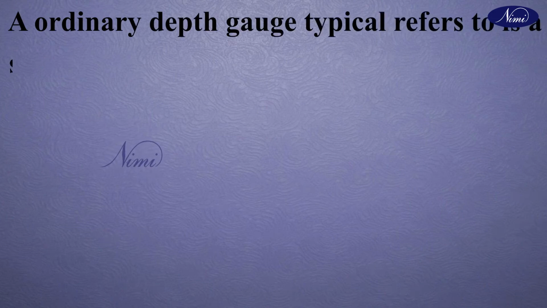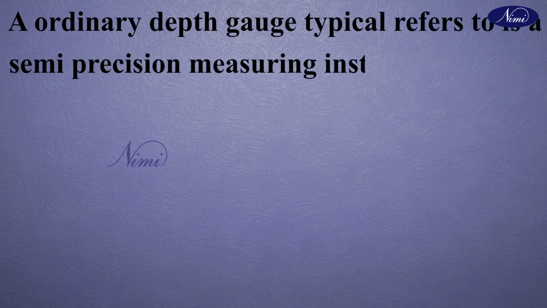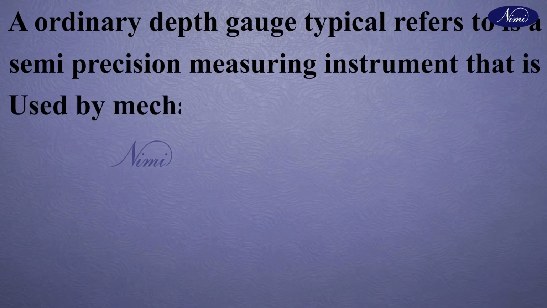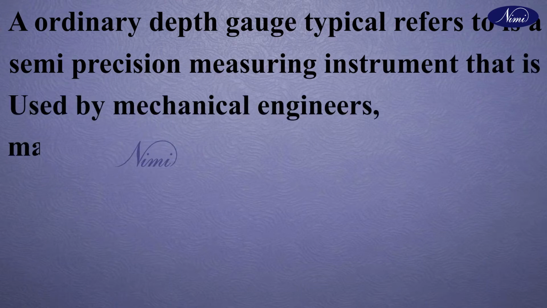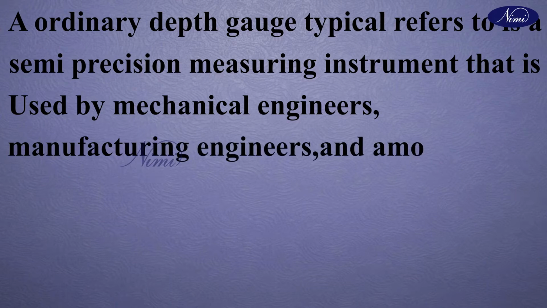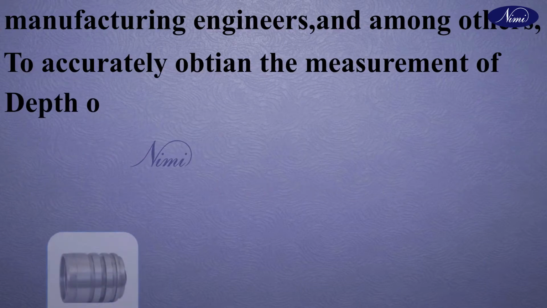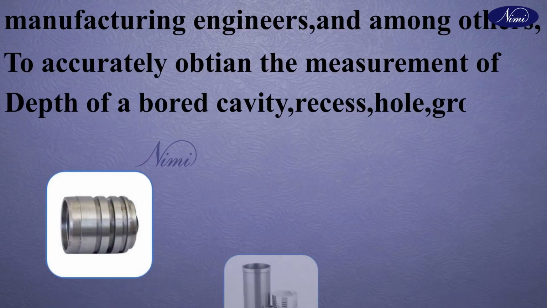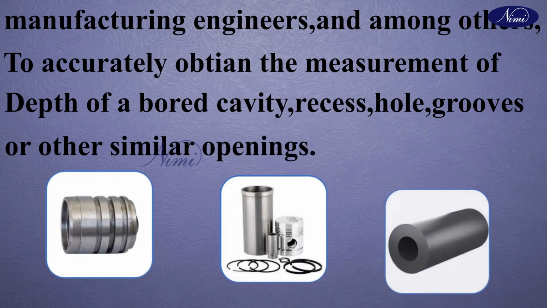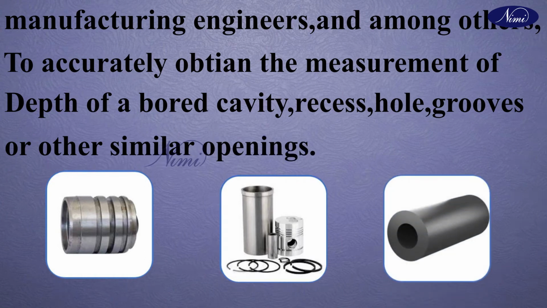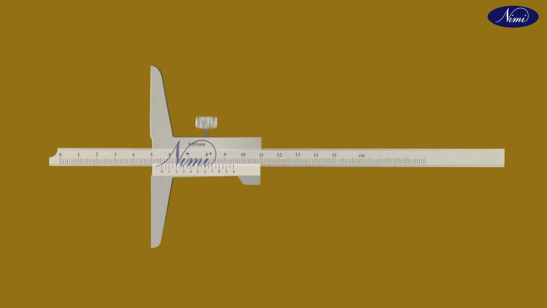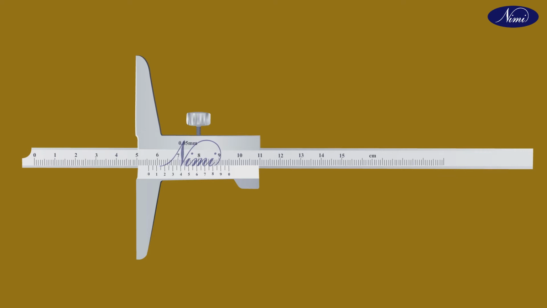An ordinary depth gauge typically refers to a semi-precision measuring instrument that is used by mechanical engineers, manufacturing engineers and others to accurately obtain the depth of a bore, cavity, recess, hole, groove or other similar opening. A depth gauge is used to measure the job with an accuracy of 0.5 mm, that is steel rule accuracy.